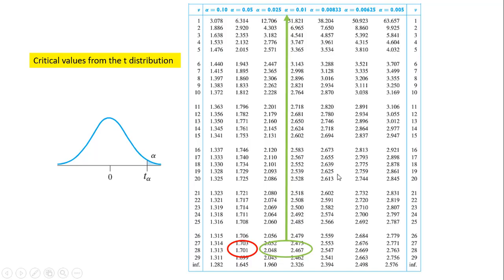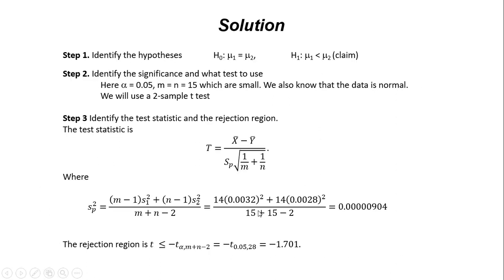So when we look at a table, the t-distribution table, you could see that the critical value that defines the rejection region is this 1.701 in the red circle. We get this by noticing the degrees of freedom row is 28 and the column is 0.05. Okay, so that's where this is coming from. We use a negative again because it's a left tail.